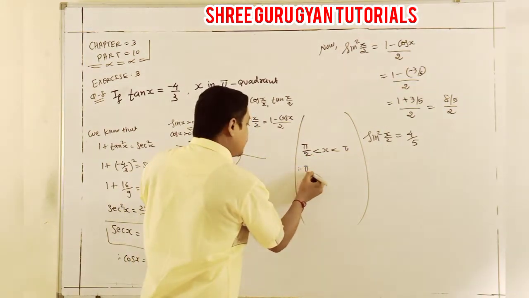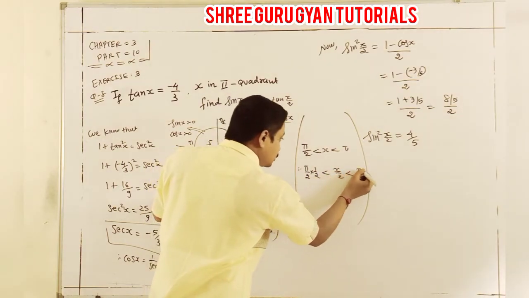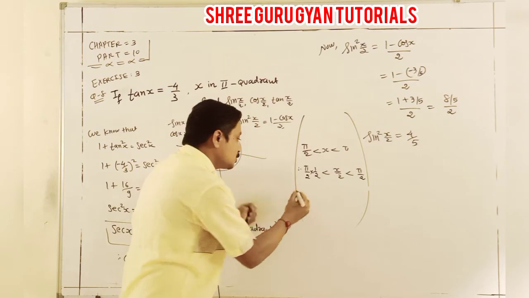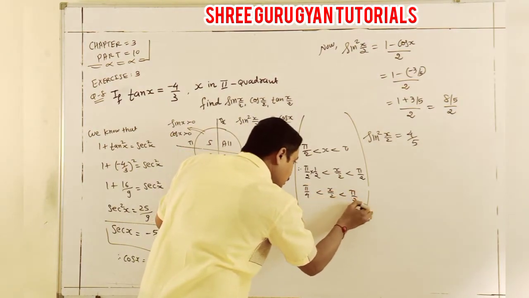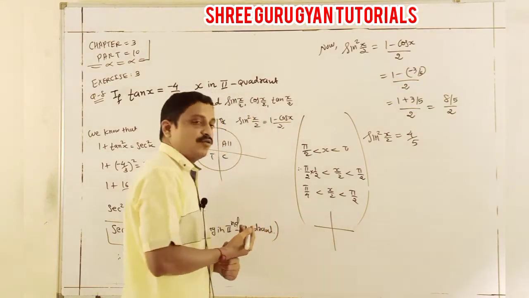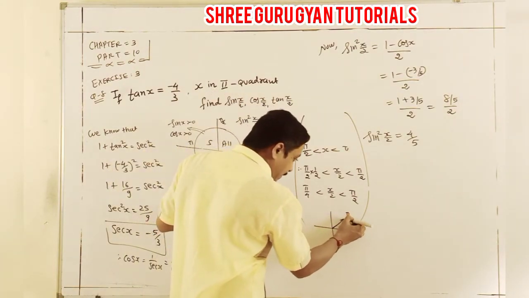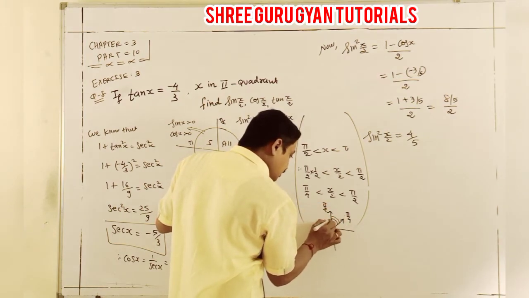So each term I divide by 2: pi by 4 is less than x by 2, which is less than pi by 2. Students, 45 to 90 means here about 45, and pi by 2 means your value is here.